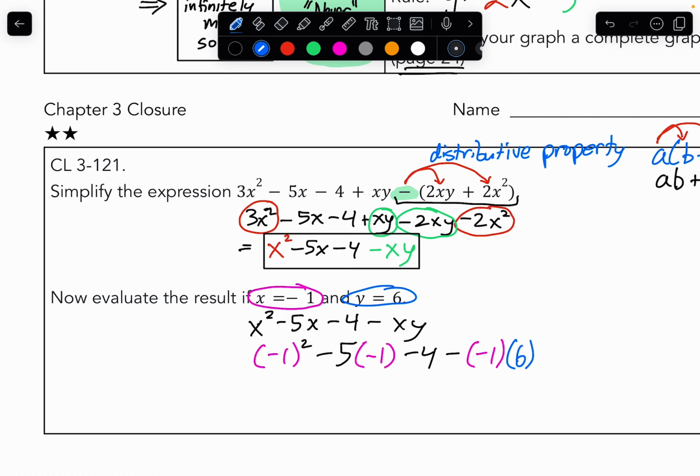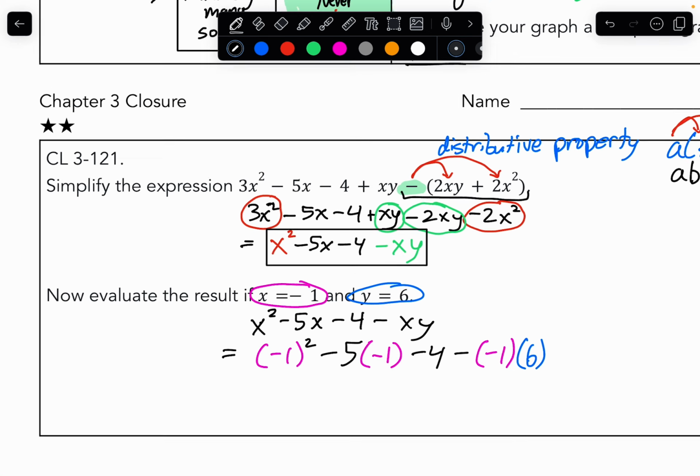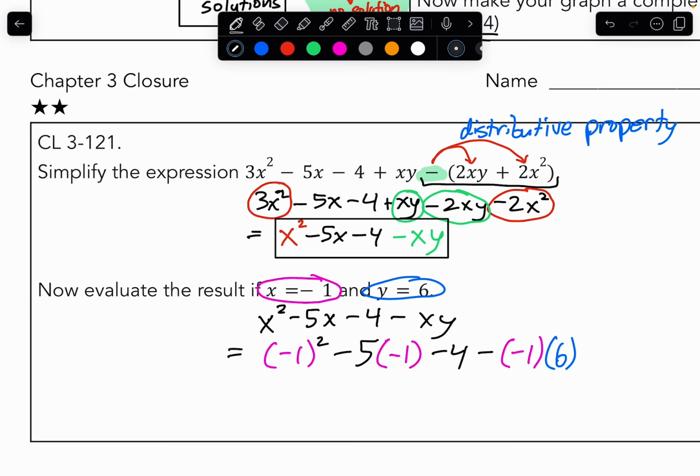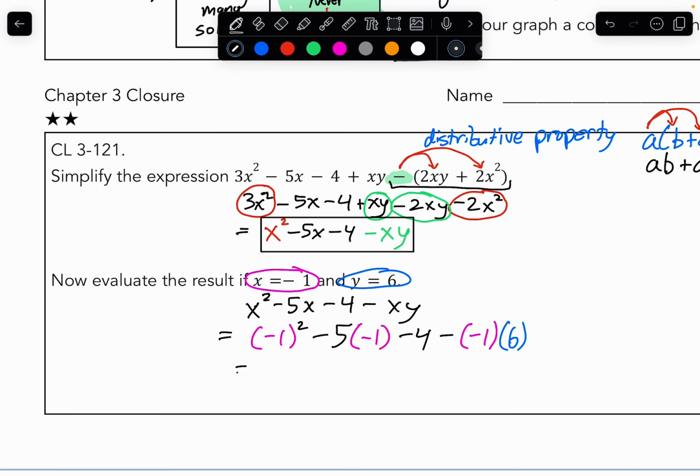And I'm going to use parentheses there. All right, again, just double check that everything sounds correct. It looks correct. I think the xy became negative 1 times 6 because what does xy mean? X plus y, x minus y? No. Yeah, xy means x times y. Okay, so now we're going to evaluate this.